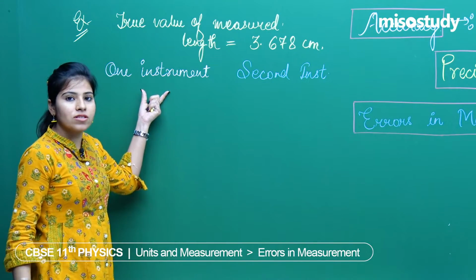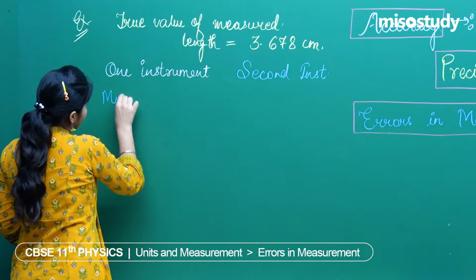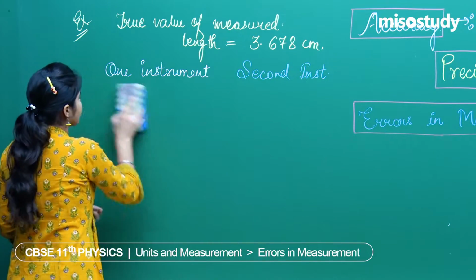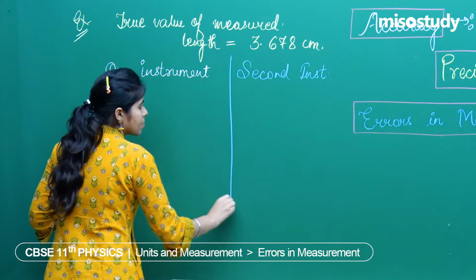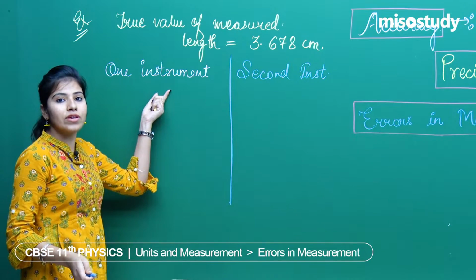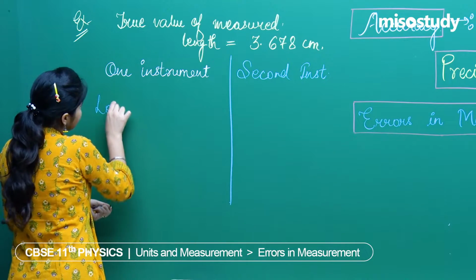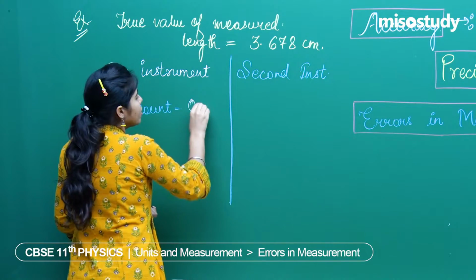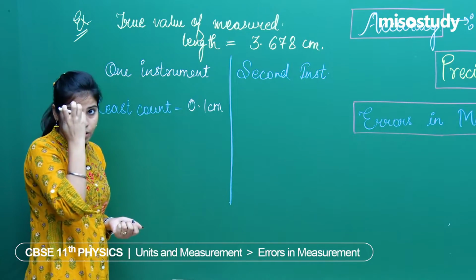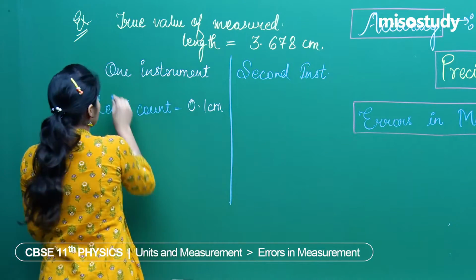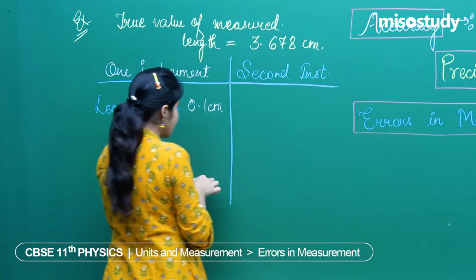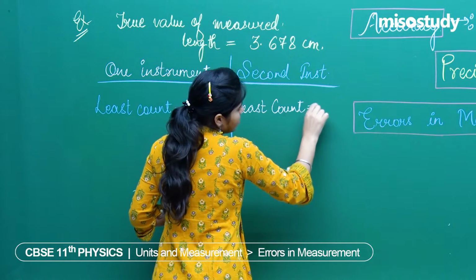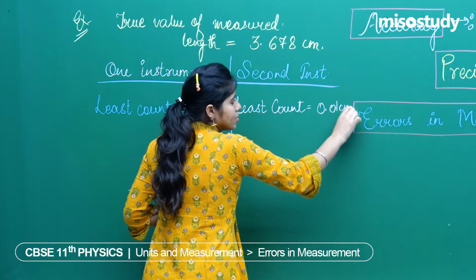Let me tell you firstly what is the difference between the first and the second instrument. The first instrument has a precision, or least count, of 0.1 centimeter. The second instrument has a least count of 0.01 centimeter.